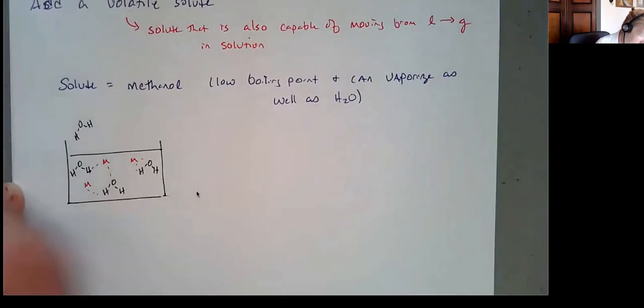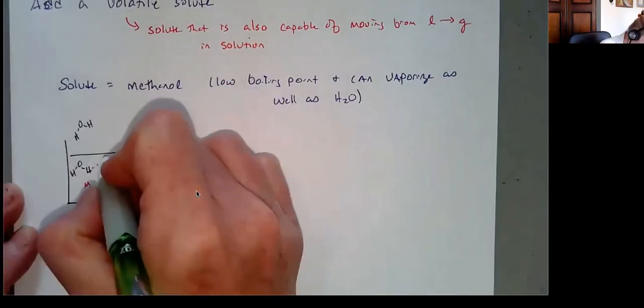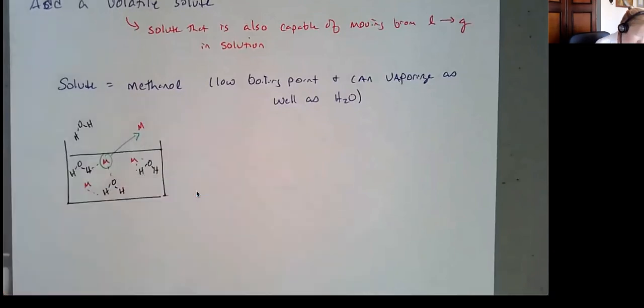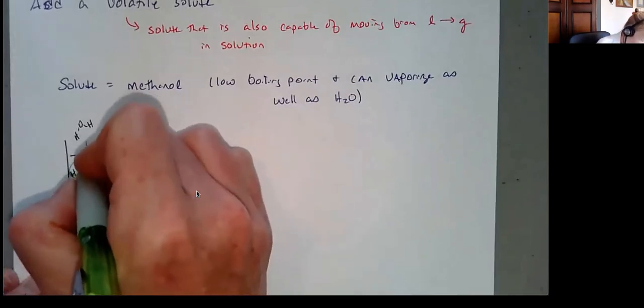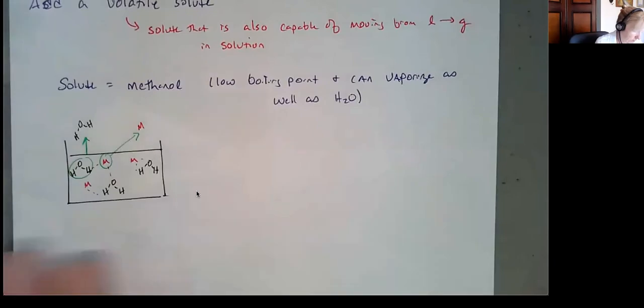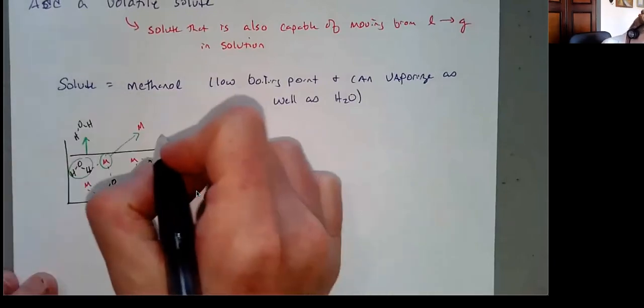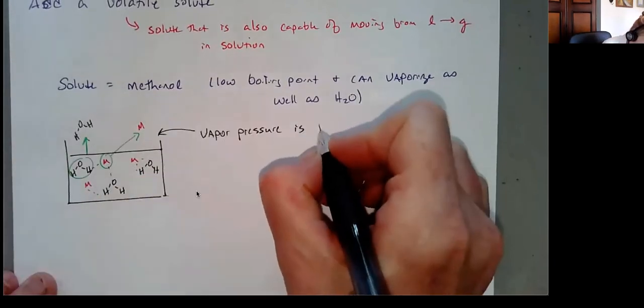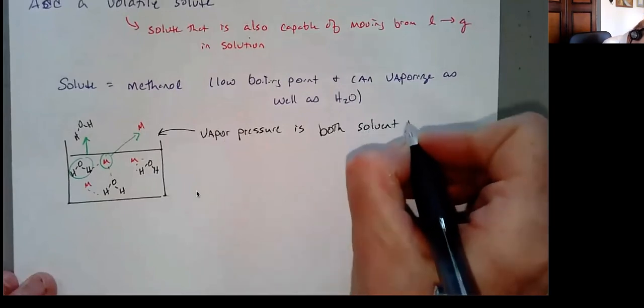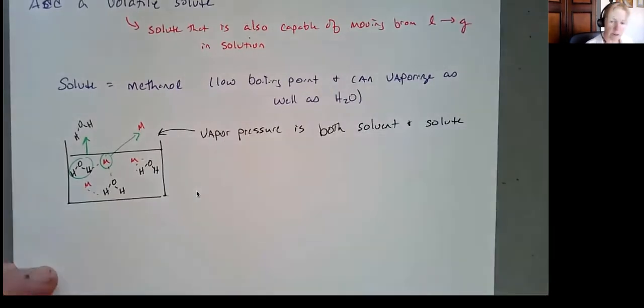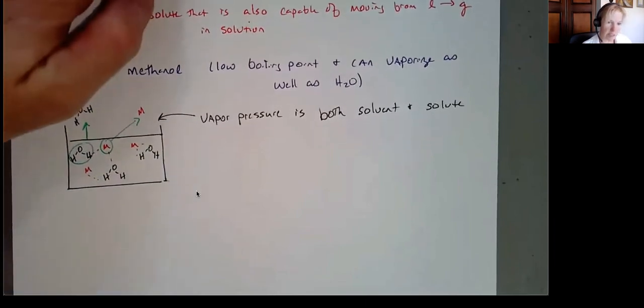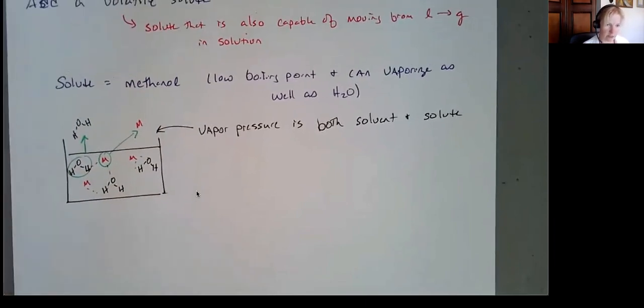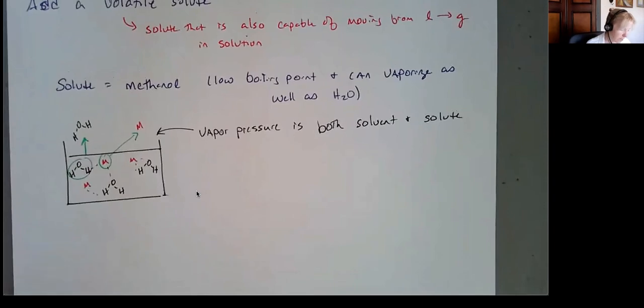But I'm also going to have methanol, because methanol can move from the liquid to the gas phase as well as water moving from the liquid to the gas phase. So now my vapor pressure up here is both my solvent and my solute, whereas before we only considered it as being the solvent because the solute wasn't able to vaporize. And so if I have a volatile solute, now I have to consider both scenarios.